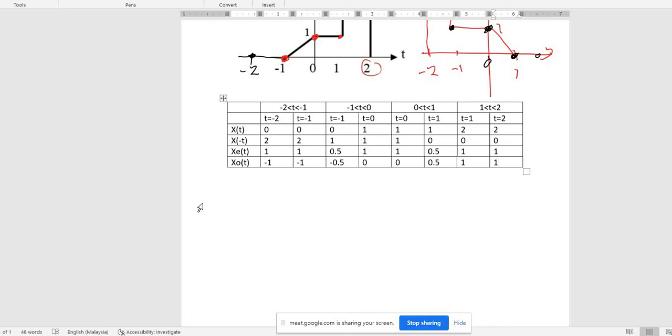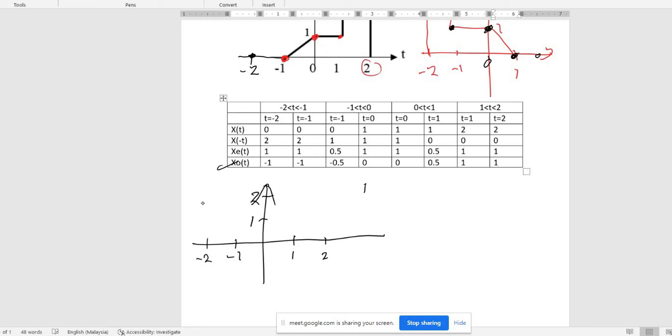Okay, so now let's prove that. How to get the answer for page 39, how to get the x odd. Okay, for x odd, we draw the x odd first. You have negative 2, negative 1, positive 1, positive 2. You have 1, 2.